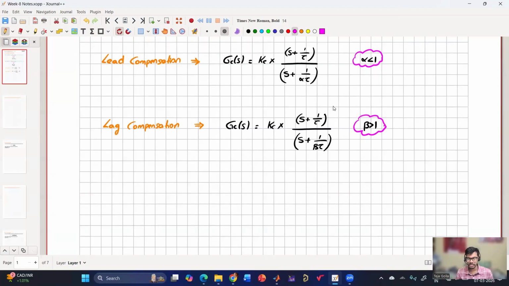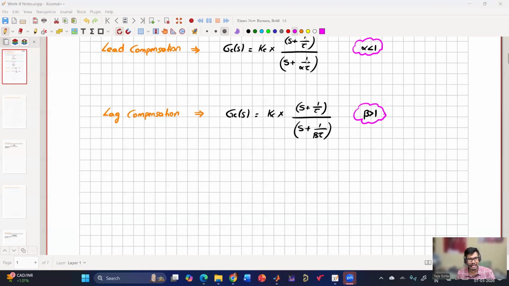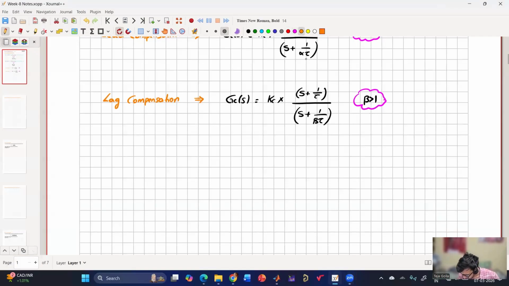Let me finish one more transfer function, which is lead lag compensation. Lead lag compensation will have both.